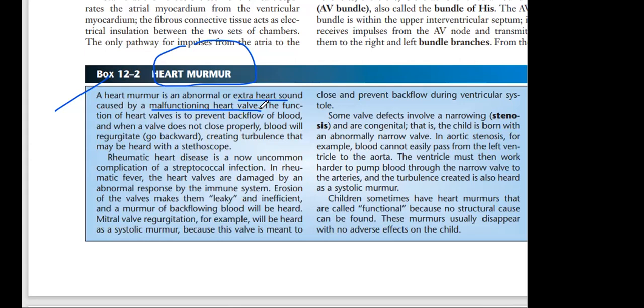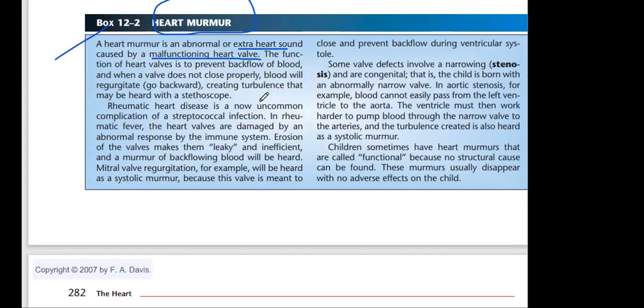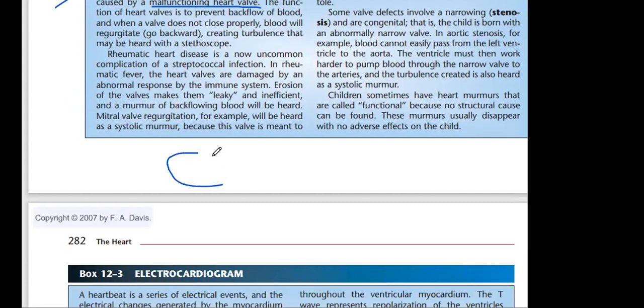He will put the stethoscope and check the heart sounds. Whenever we do a cardiac examination, we write CVS. CVS means cardiovascular system. In that, we particularly examine the heart sounds.